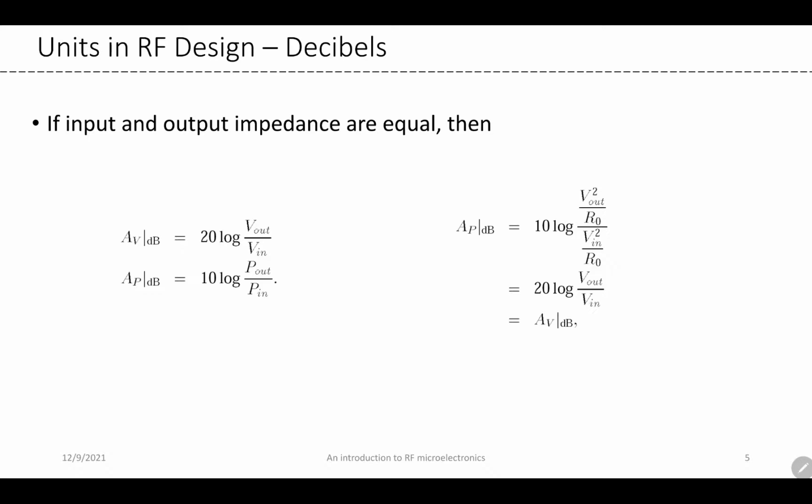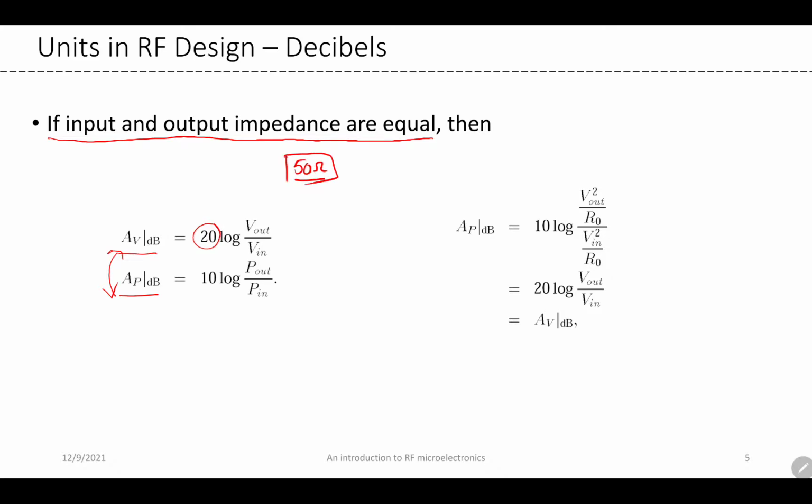Now, as I mentioned, instead of a power ratio, you can also talk about a voltage ratio. Then you'll have a 20 in front, and these numbers can be interchanged for a system if and only if the input and output impedance are equal. You remember we talked about a 50 ohm standard, right?